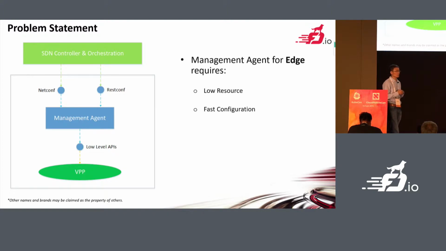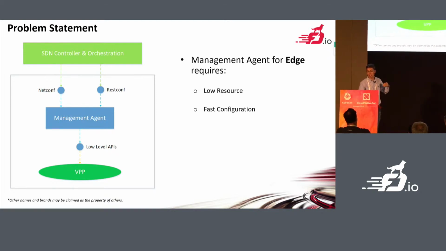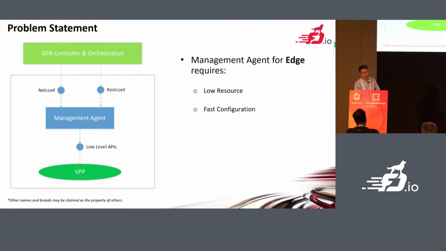They will configure the uCPE through the Netconf, RESTconf interface, or gRPC interface. So all the configuration will go to the management agent. Here we run the Sweetcomb, and then we will do some translation, and then configure the VPP data plane through the low-level APIs.